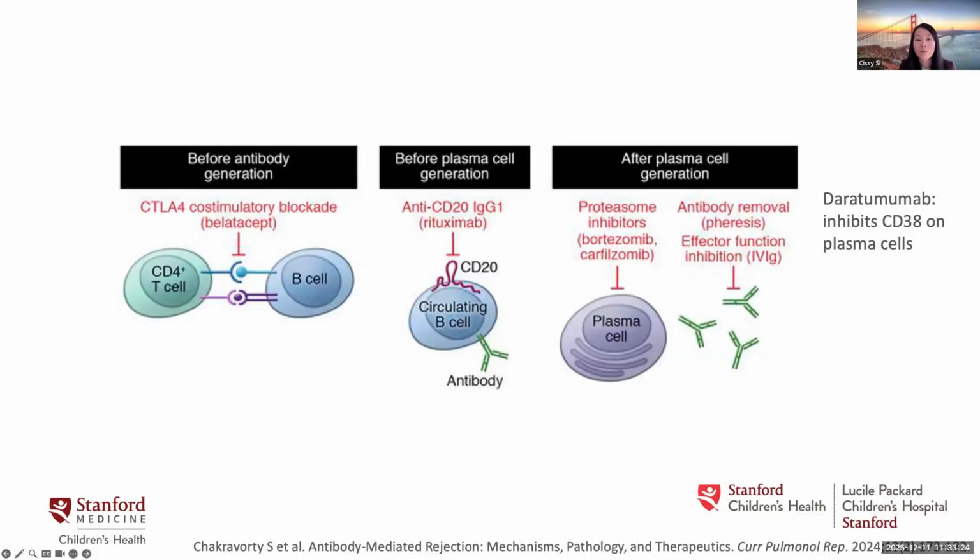So some common options for treatment include giving rituximab, which helps to inhibit the B cells. Other things like bortezomib, which is a proteasome inhibitor, which inhibits the plasma cells from forming, as well as removal of antibodies with IVIG and plasmapheresis.